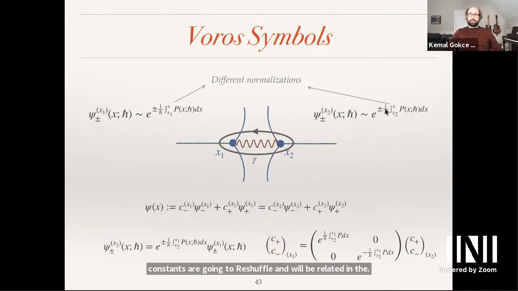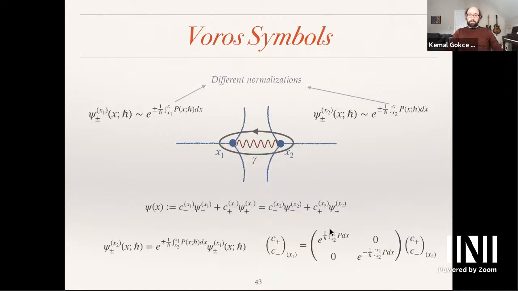Because if I, for instance, change my normalization from x2 to x1, I just need to multiply psi plus and psi minus with this factor. Which means that these constants corresponding to different normalizations are related through this diagonal matrix.